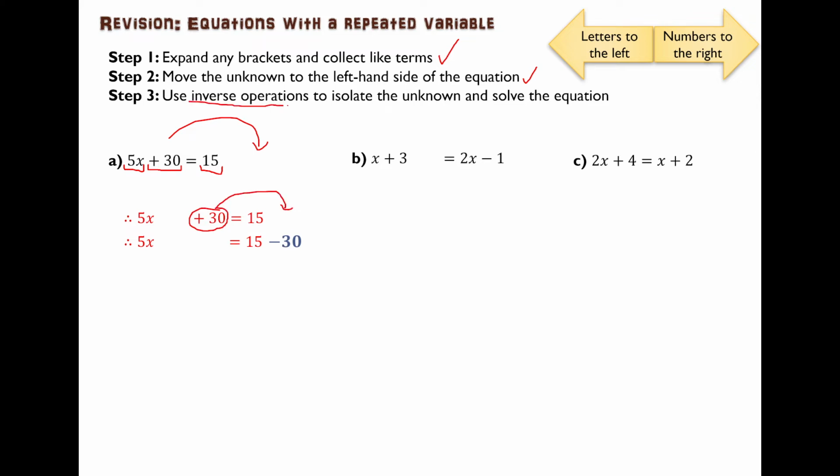It becomes the opposite, the inverse. Do you notice that I copy down everything else? That is important. The 5x I copy down, the equal sign I copy down, the 15 I copy down. The only thing I'm changing is that positive 30 term moves to the other side and becomes a negative 30.